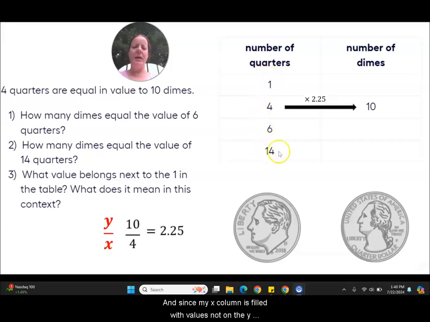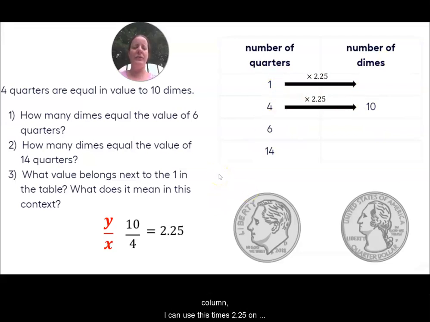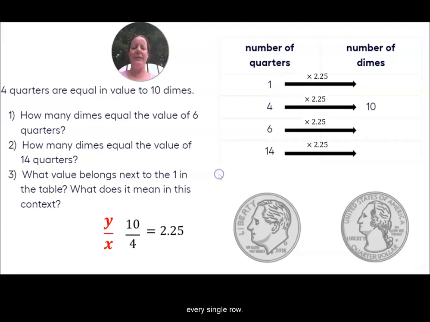And since my x column is filled with values, not the y column, I can use this times 2.25 on every single row. Did you do the same thing? Okay, if you did, now you can use your calculator. 1 times 2.25 is 2.25. 6 times 2.25 is 13.5.